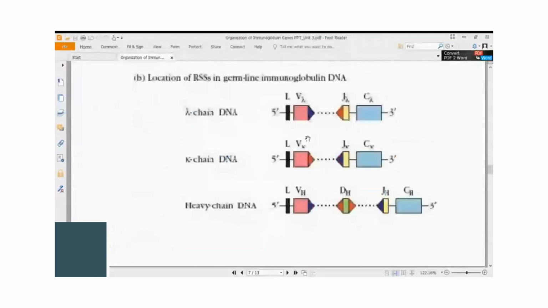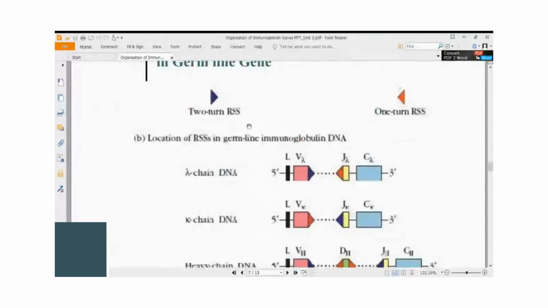Okay, whatever may be the case, I hope you understood the two turn RSS, recombination signal sequence, and one turn RSS regulate the fusion or splicing of the segments, exons, in the order of 5' to 3'. It will never be reversed.